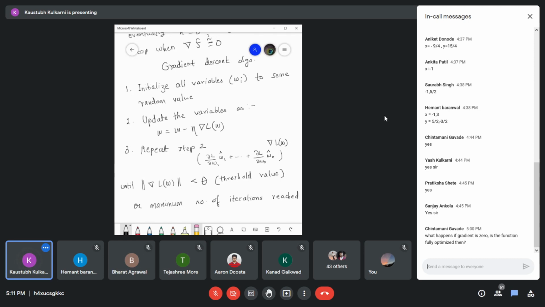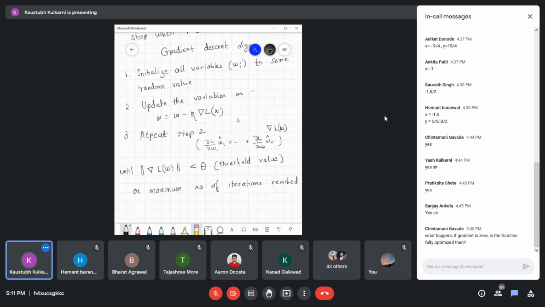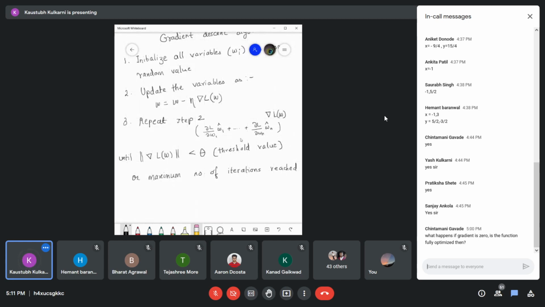Now one last point which is left, and then I'll stop the lecture. What about this eta, which is the learning rate? Now the learning rate itself has to decrease over the iterations. Only then the algorithm will converge.